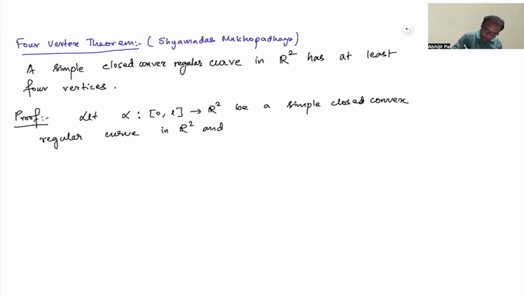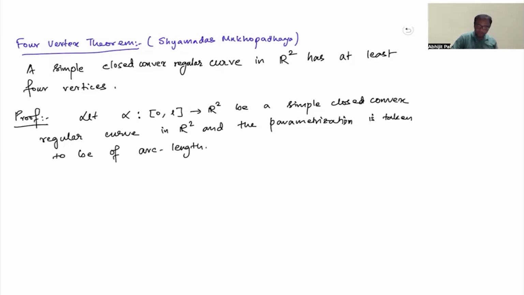Now, let us take the curvature function.